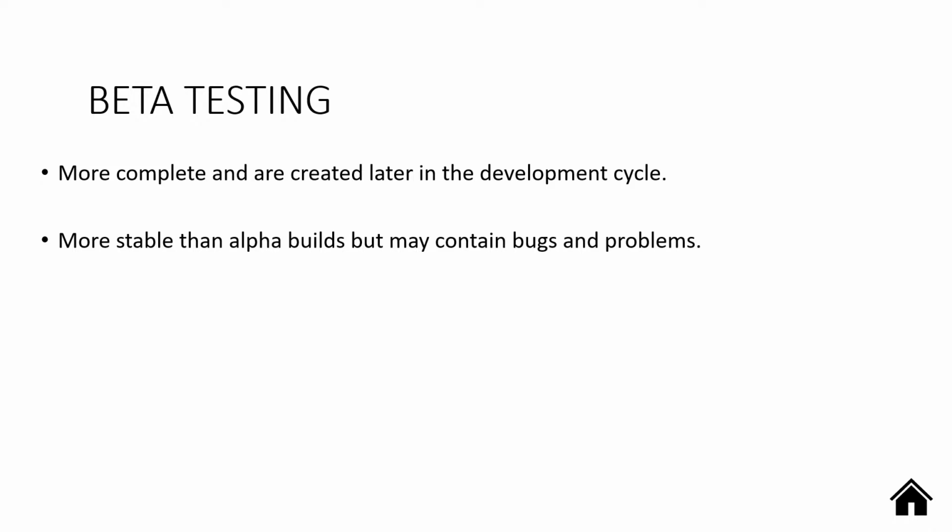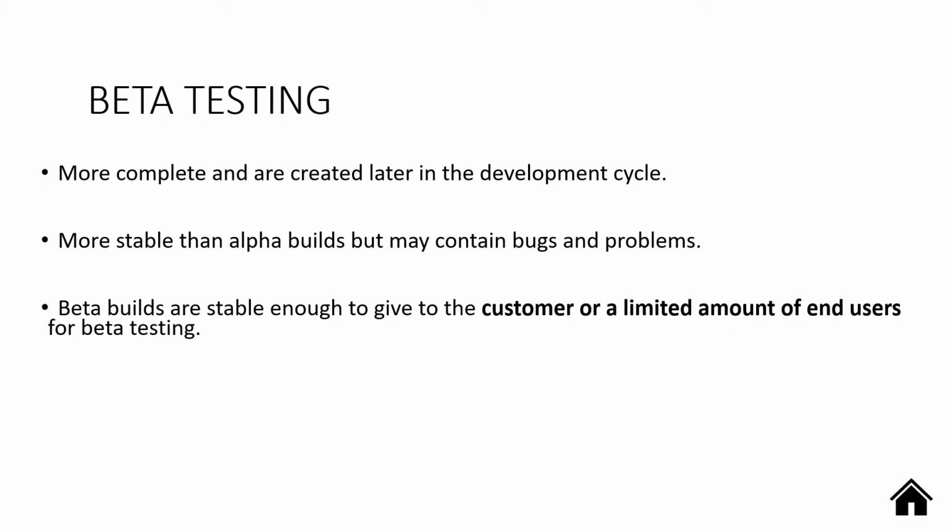So for things like Windows, if you get a screen that says not responding, it'll say send your data to Windows, then you click OK, and it'll send off a report back to them to explain what happened. So you can give it to a customer or a limited amount of end users.